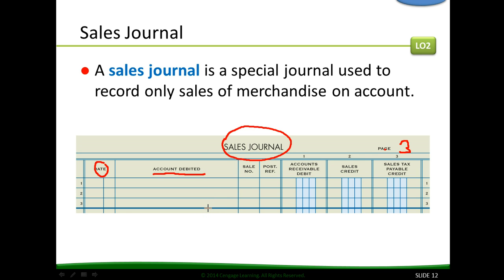We're going to need a sales number. We always deal with post-reference later. And then look at it. Because it only records sales of merchandise on account, you're going to have accounts receivable debit. Then there's sales credit. And then, ooh, this is new, sales tax payable credit. So now we're going to have to start thinking about sales tax and what sales tax means.